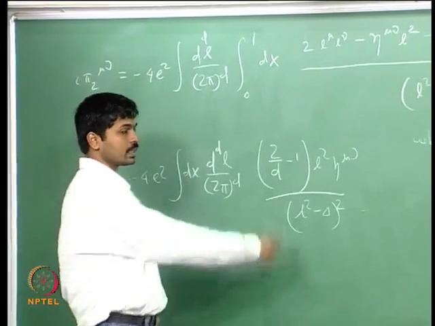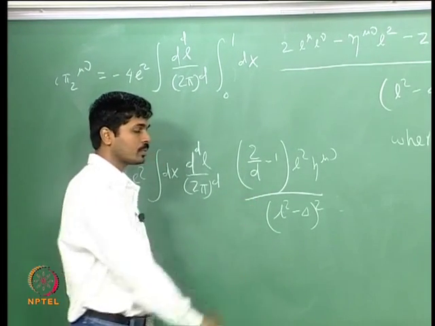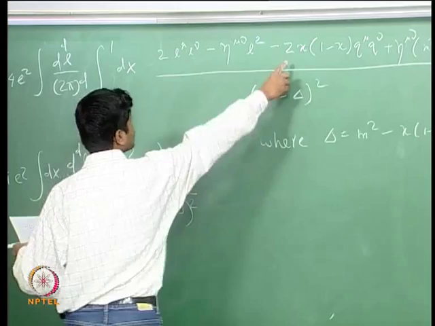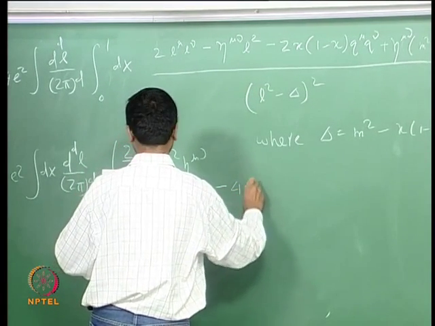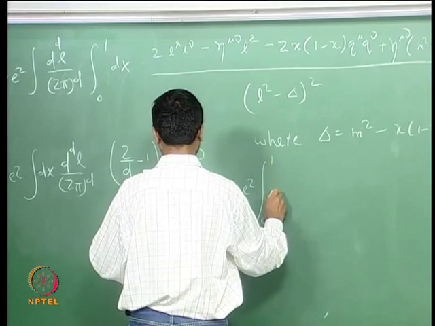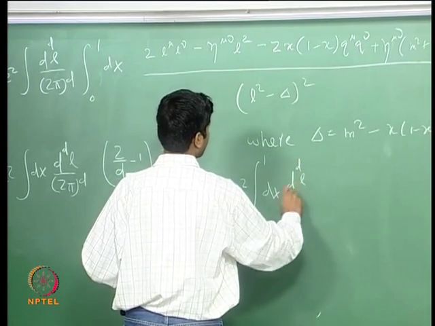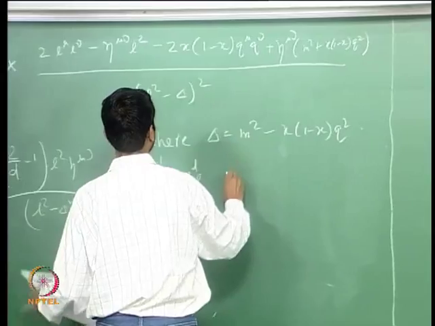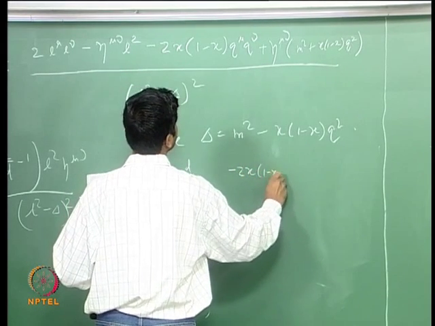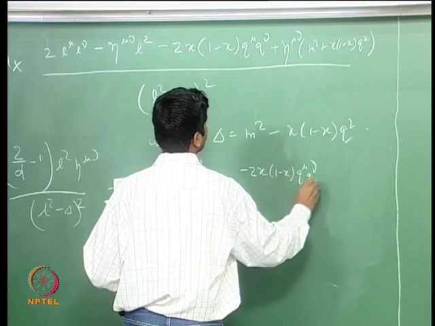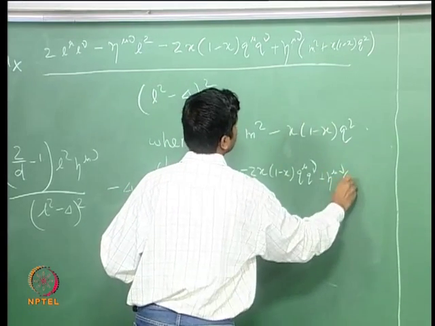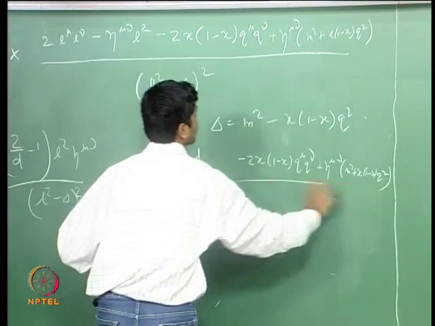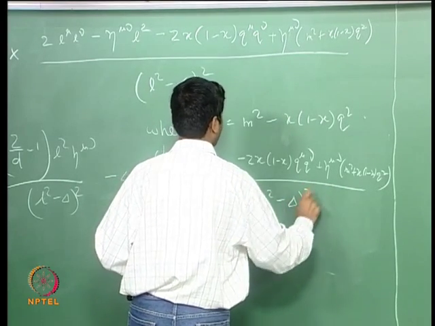Remember, this is the term which gave the quadratic divergent piece when we used the Pauli-Villars regularization earlier, and then the remaining term here is minus 4 e square integral 0 to 1 dx and then d^d L divided by 2 pi to the power d times this term here, which is nothing but minus 2 x into 1 minus x q mu q nu plus eta mu nu times m square plus x into 1 minus x q square, which is this term here, divided by L square minus delta whole square.